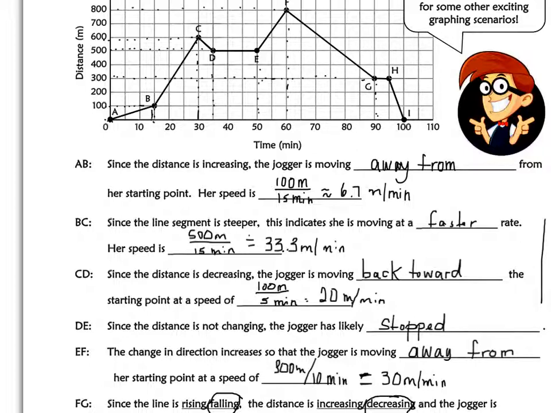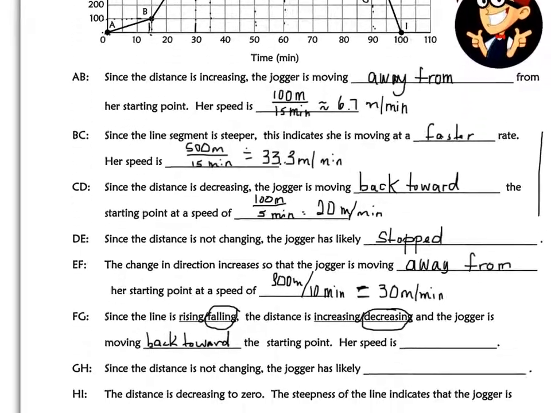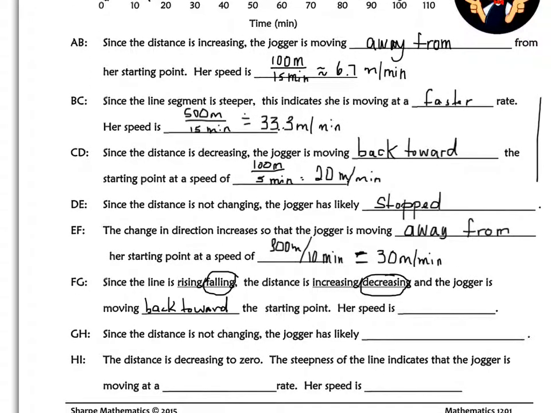So from 800 to 300 was 500 meters over 30 minutes, right? 500 meters over 30 minutes, which is approximately 500 divided by 30, which is approximately 16.7 meters per minute.